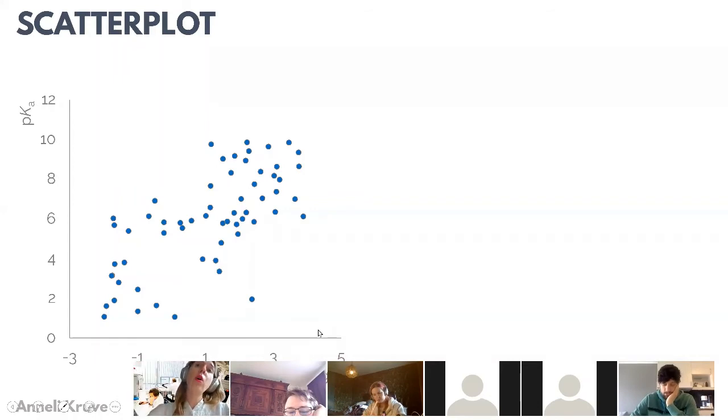So how each of the points had which kind of pKa value and log p-value, and I'm trying to say that they had a slight correlation. So generally in this data set that I investigated, when the log p increased, also pKa increased.